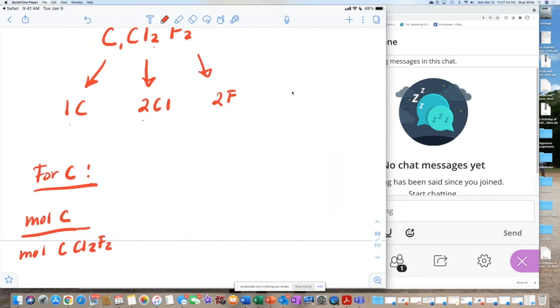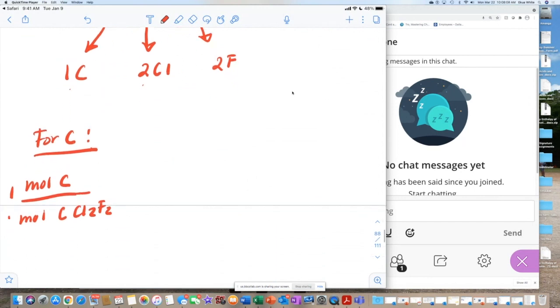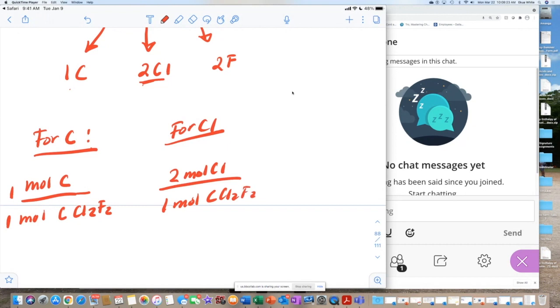And when you look at this formula here, we essentially have 1 mole of carbon required as the ingredient. The amount required for carbon in the whole compound is just 1. It says so right here. For each one compound, 1 mole of carbon for 1 mole of the whole compound. And then for chlorine, we need 2 moles of chlorine to make 1 mole of the compound CCl2F2.